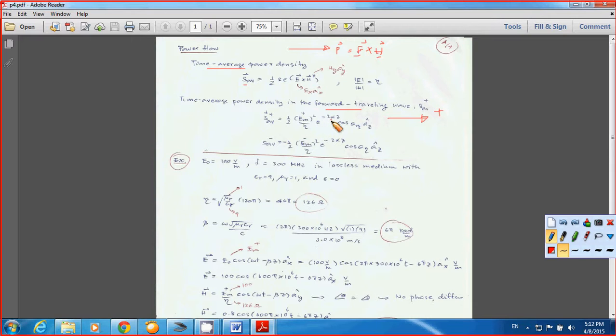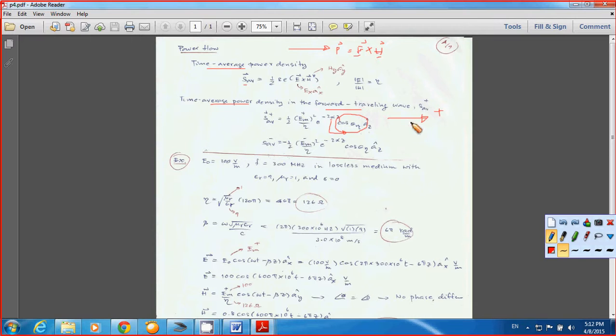The attenuation constant also comes into play in the equation for the time average power density. And you also need to multiply by cosine theta, the phase angle of the intrinsic impedance.